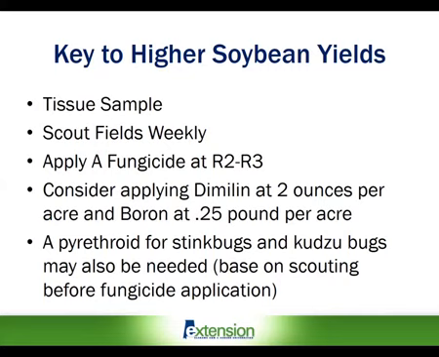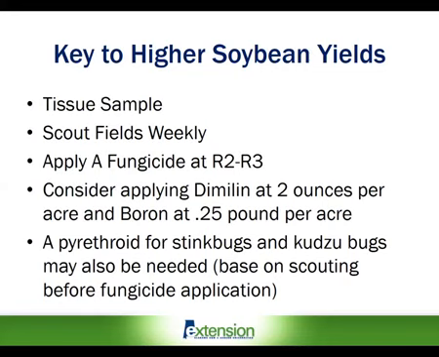Boron is an important nutrient for pollination. I would consider putting 1/4 pound per acre with my Dimilin and my fungicide. And this 1/4 pound of boron per acre is a quart of the 10% liquid, or 1.25 pounds of the 20% powder.